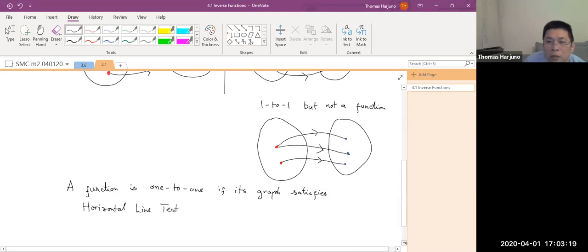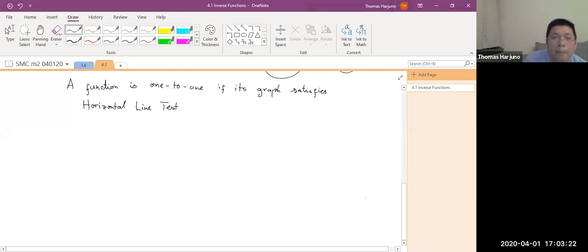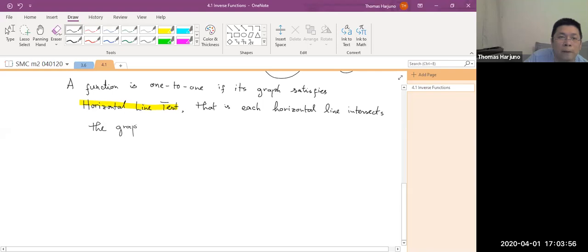Now, what is the horizontal line test? The horizontal line test is: each horizontal line intersects the graph at most once.